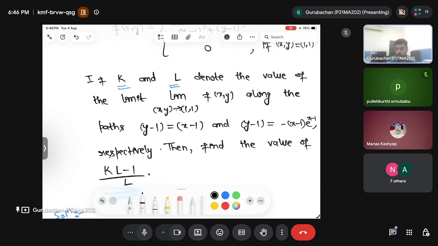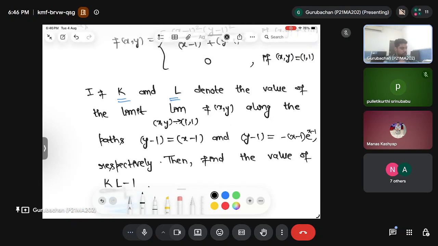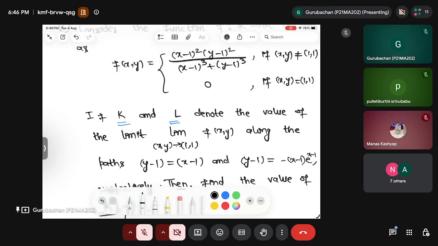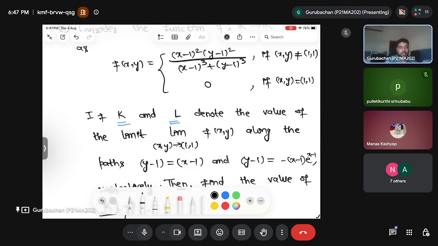No, the value of L is wrong. Minus 2 by 3. Again wrong. Minus 1 by 3 it is. Something was there in the power of e.